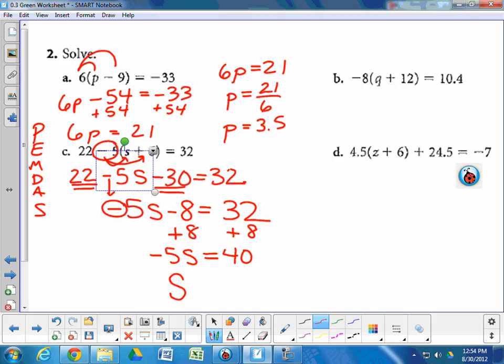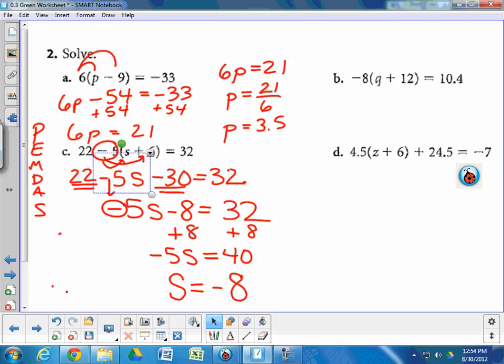And when you divide both sides by negative 5, you get negative 8. Check your work. Plug negative 8 back into the original equation. Okay. Plug negative 8 back in. Negative 8 plus 6. Go.